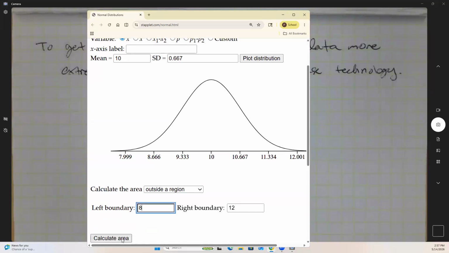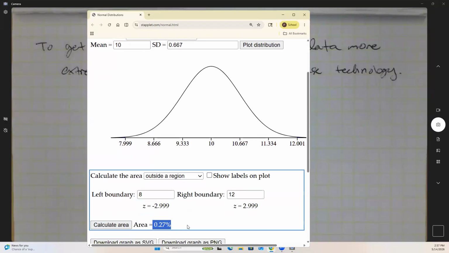That'll give me a nice symmetric area. Can't even really see it, but it is shaded in here and here. And there we go. The probability, remember this decimal here is actually a percentage, a decimal of a percent. So that's 0.27%.